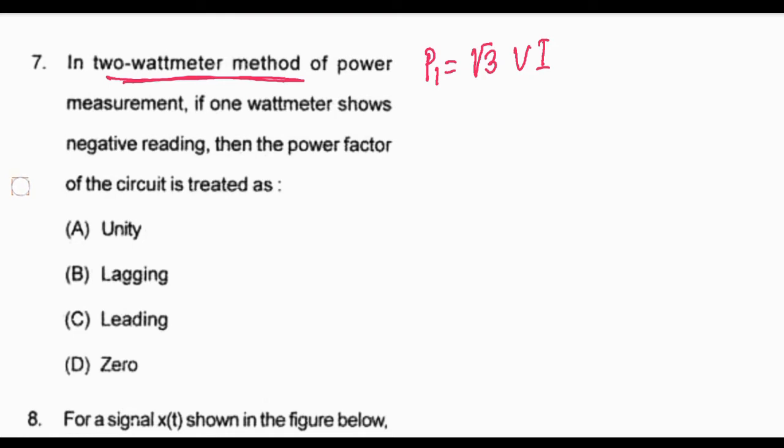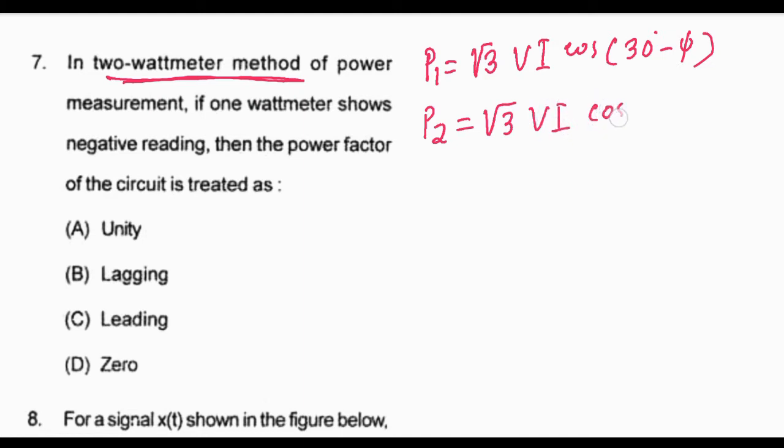So I am directly writing that V and I are the phase voltages. So P1 is root 3 VI cos (30 degree minus phi). This is one wattmeter reading, and the other wattmeter reading will be P2, which will be equal to root 3 VI cos (30 degree plus phi).